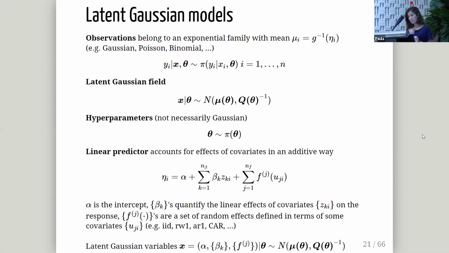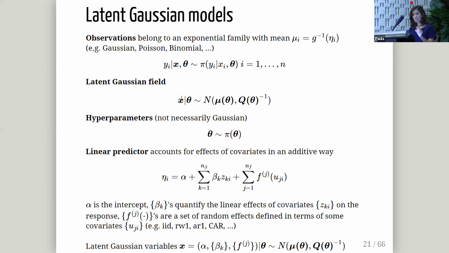Okay, so INLA can fit latent Gaussian models, and these are models that have this form. You have observations that follow an exponential family. These observations can be Gaussian, Poisson, binomial, and they follow a probability distribution that depends on parameters and on hyperparameters.